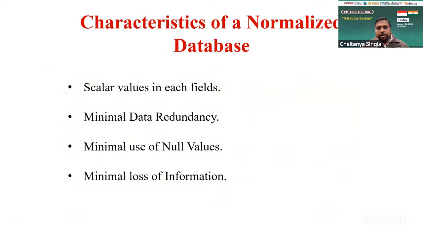What are the key characteristics of a normalized table? A normalized database has many key characteristics, and if a table is normalized, all these points must be available in that table or database.